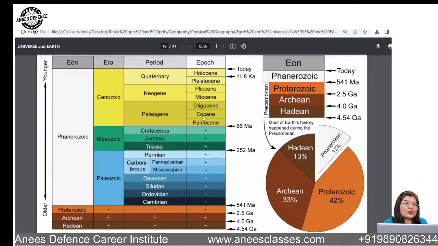You may have an option of the Great Lakes, Himalayas, Alps, and the Deccan lava flows. Can you try to arrange those? We have the Himalayas, the Deccan lava flows, the Great Lakes, and the Alps. Which ones came first? Which ones came later?